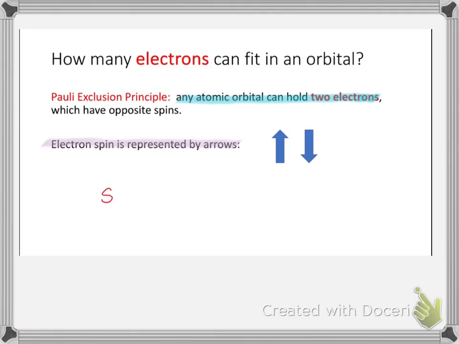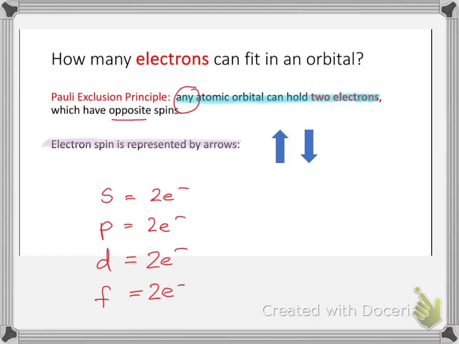So s could hold 2 electrons. Any p could hold 2 electrons. Any d can hold 2 electrons. Any f can hold 2 electrons. Any atomic orbital holds a maximum of 2 electrons, and they have to have opposite spins.